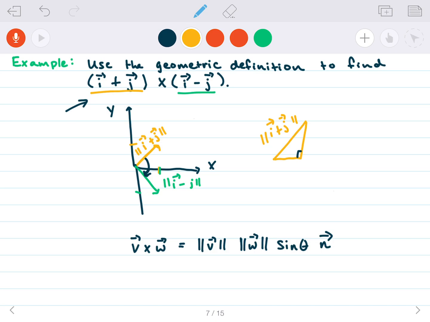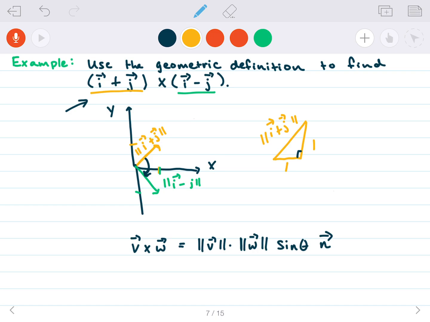I'm talking about this triangle right here. We know that the base is 1, right? Because we go out 1 in the x direction, and we know the height is also 1 because we go out 1 in the j direction. So this triangle is 1, 1.